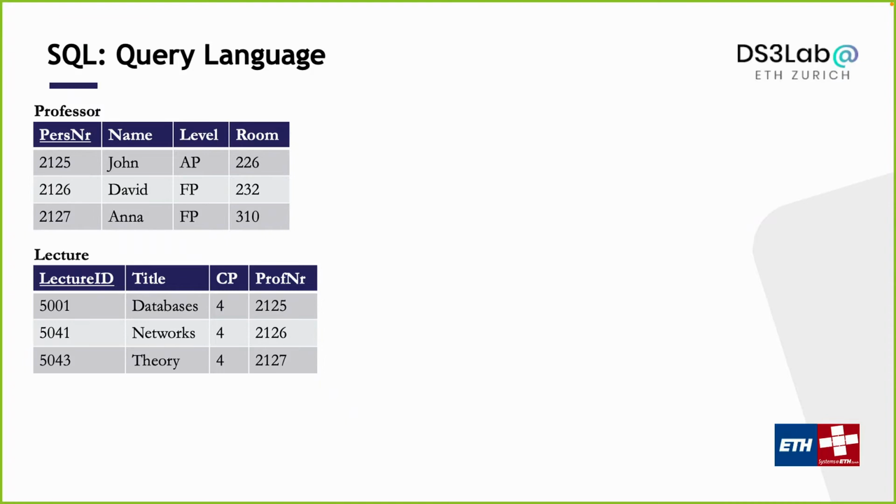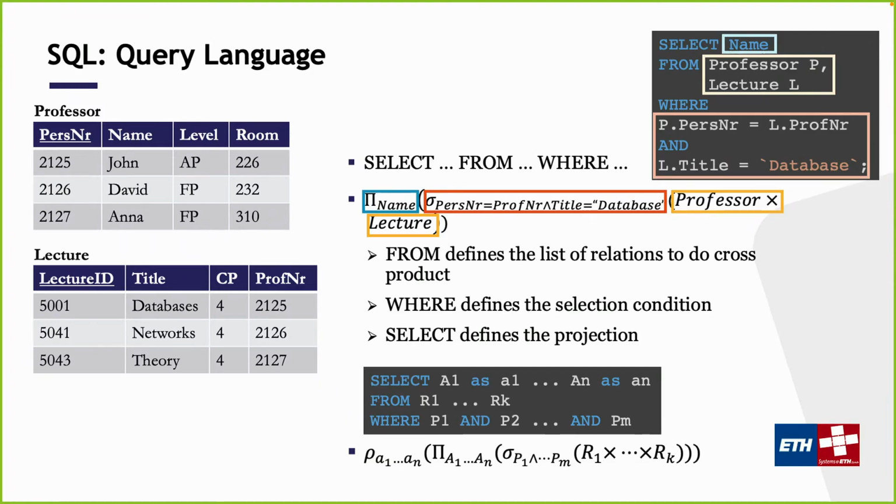You take the cross product of all the K relations, and then you apply all the selection conditions, P1 to PM, which come after where. Then you do one projection, only keeping A1 to AN. You do one renaming to give each attribute a different name.